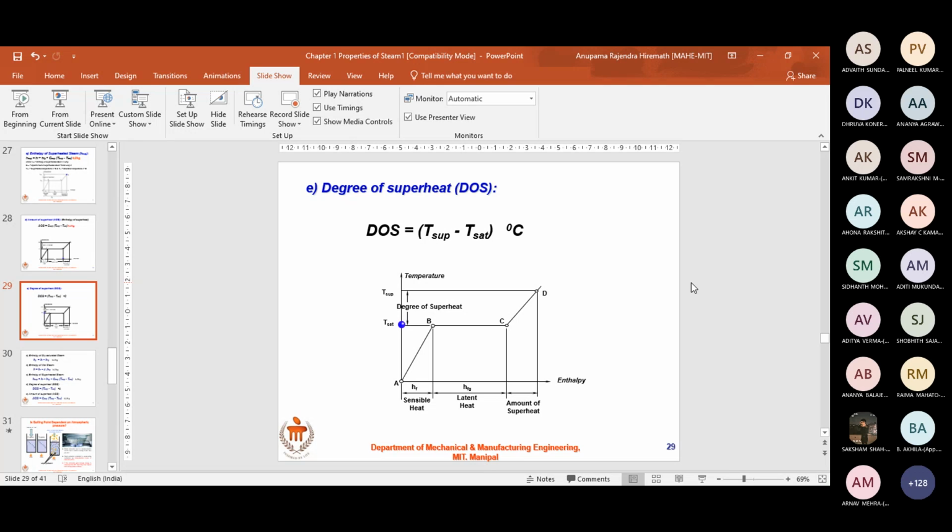You are also allowed to use the calculator in the examination hall, so develop the habit of using scientific calculators, because we have seen mistakes happen while inputting the values into the calculator. You require sufficient practice to use the calculator.